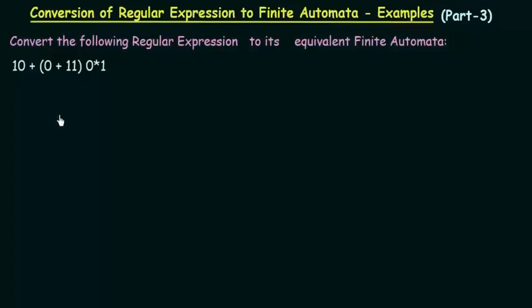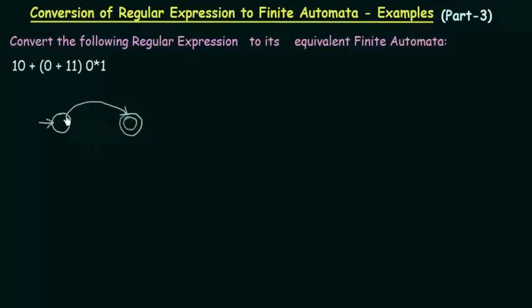For that I will take a state over here which will be my starting state, and I will have another state here which will be my final state. So I will have only two states for the beginning, and since this is one symbol, this is another symbol, and they are separated by a plus. Whenever it is separated by a plus, I already taught you, you just send them to the next state using two different transitions.